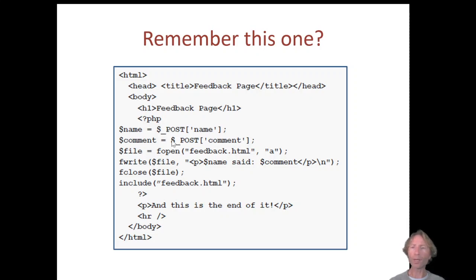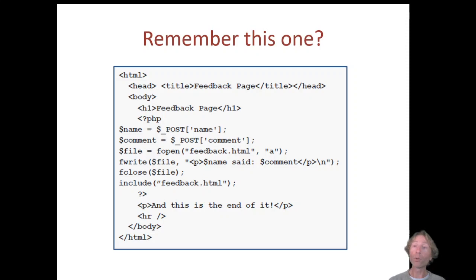The way that worked was that once you receive the name and a comment, it's a post command that you're using. The name and the comment will be added to the feedback.html file. The feedback.html file is opened here, and you add to that. So one additional thing that you add to the file is whatever the name is, and then whatever the comment is. You close the file and you include that feedback file. So you actually see all the feedback, including your own, at that time.